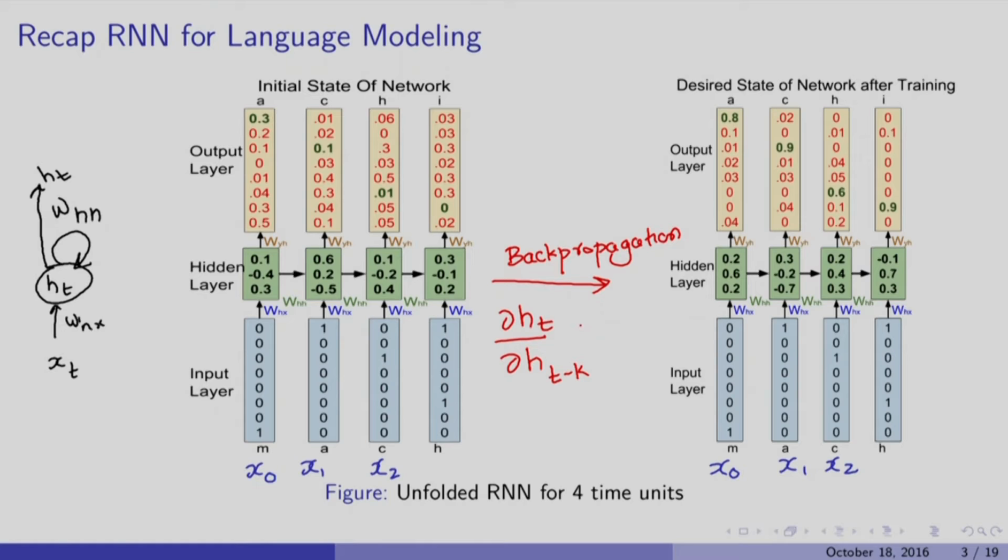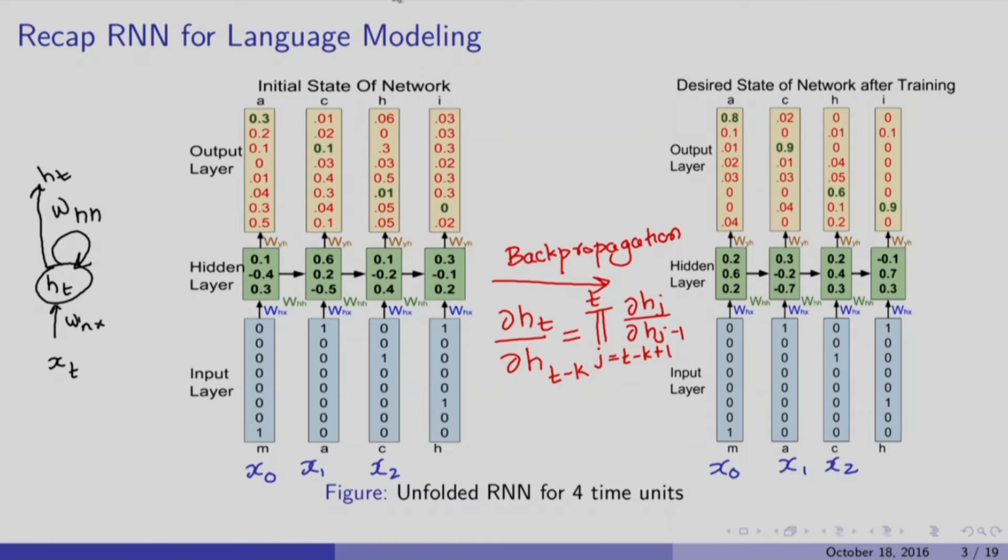Now this is proportional to the product over all the previous values, index j equals t minus k plus 1 up to t, of the partial derivative of hj with respect to hj minus 1. So this back propagation requires multiplication of these partial derivatives.